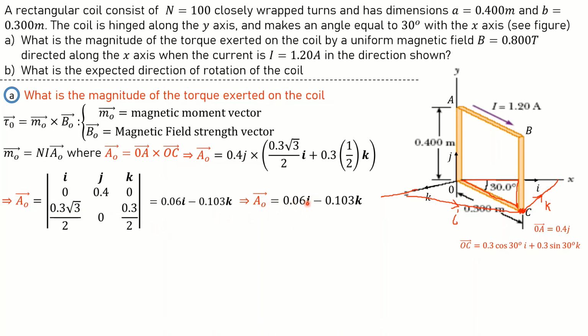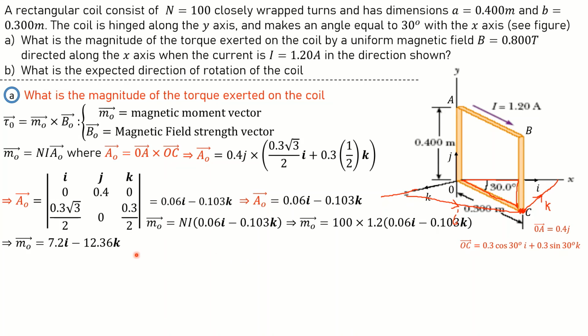Remember i is a unit vector, so it should be bold. Now we need the magnetic moment, which is N I times our vector A. Our N is the number of turns, which is 100, and our I is the current, which is 1.2. Multiplying 100 times 1.2 times all of this, we get 7.2i minus 12.36k approximately.